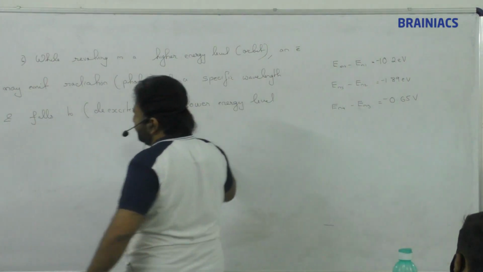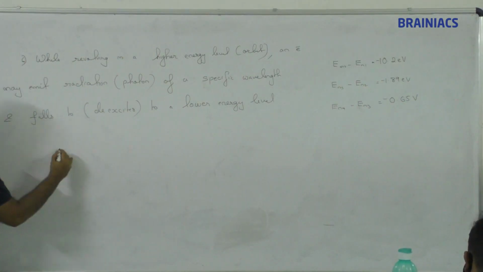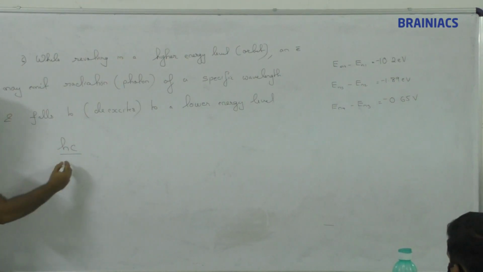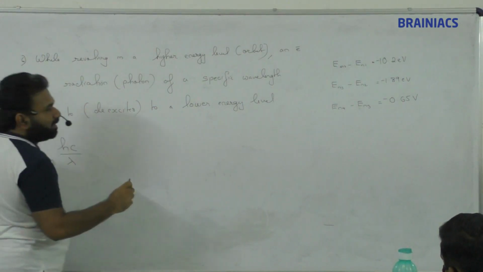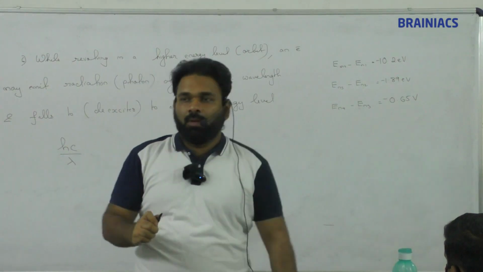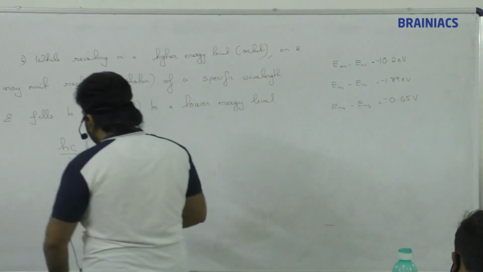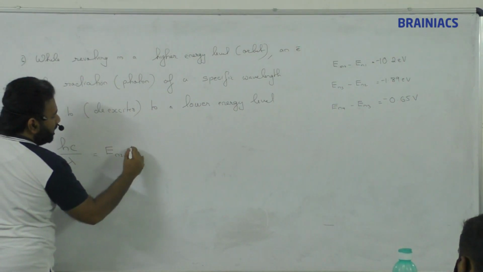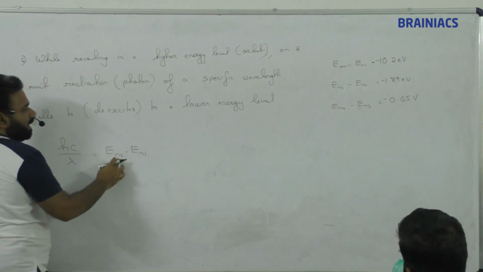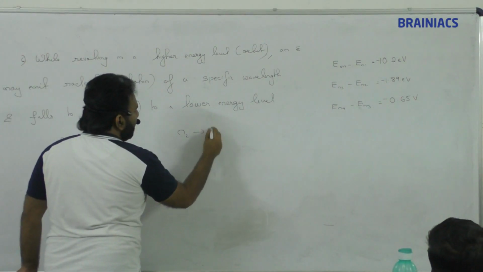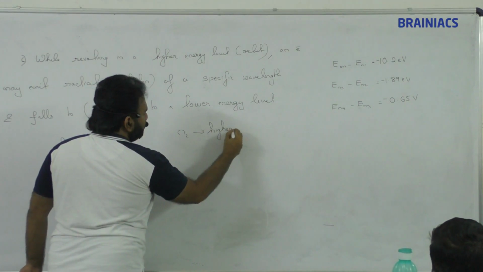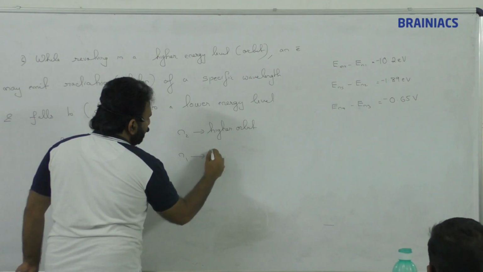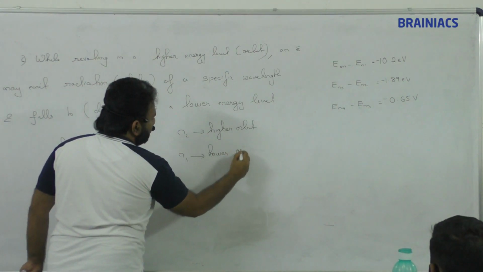So what is the specific wavelength? The energy of the emitted photon, hc by lambda, will be the difference En2 minus En1. Here N2 is the higher orbit and N1 is the lower orbit.